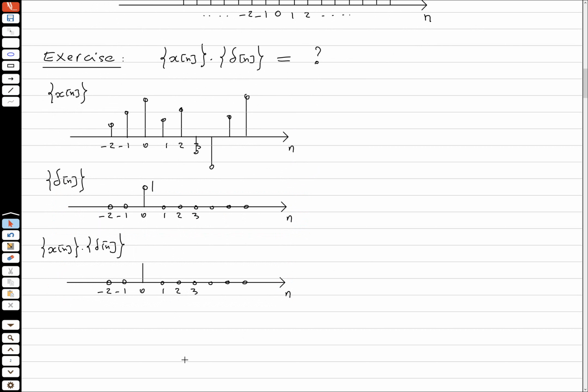What do you get? Yes, you get 1 times this guy. But this guy is what? It's x of 0. Did you say x of n? But you didn't tell me what is n. So it's x of 0.